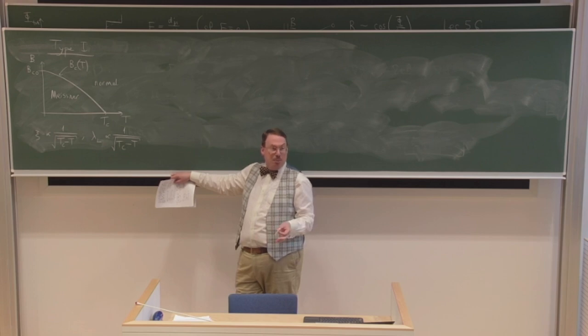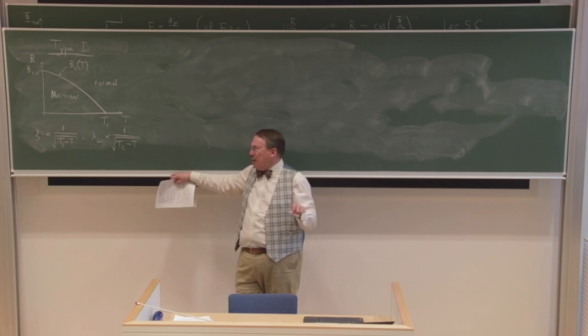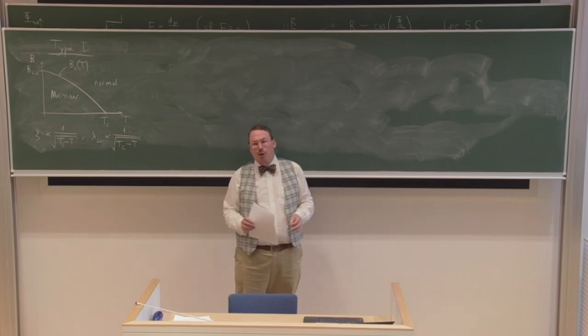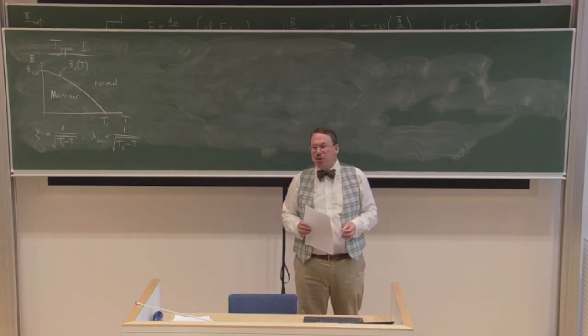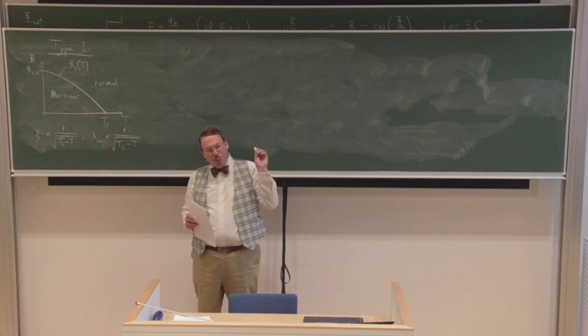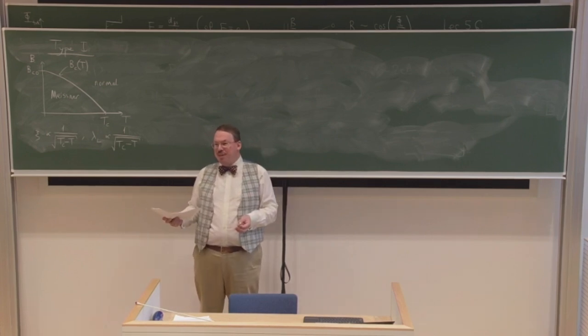Now in real samples, it's not exactly independent of temperature, but that basic temperature independence of the ratio means that the ratio doesn't vary all that much with temperature in typical samples. And so in most cases, you can just say this material is always type 1 or this material is always type 2. But it's worth thinking about that. So when I was writing the energetic conditions, obviously I was working at 0 temperature.